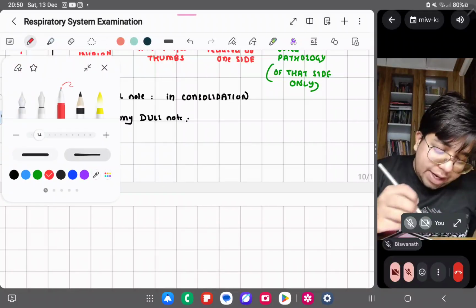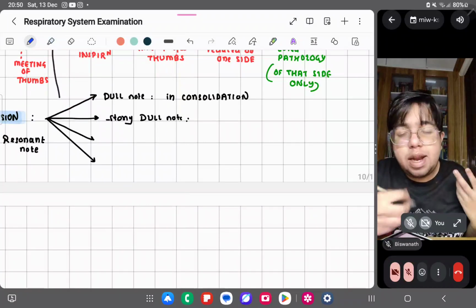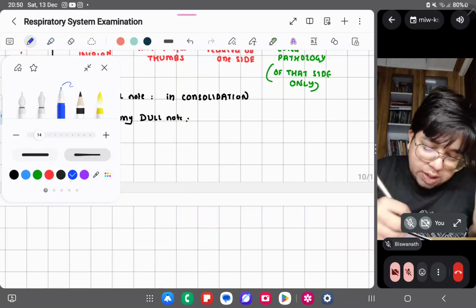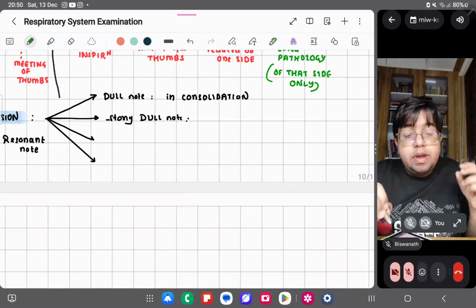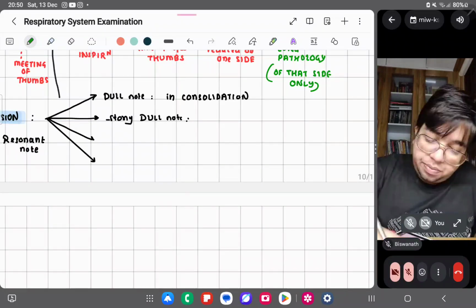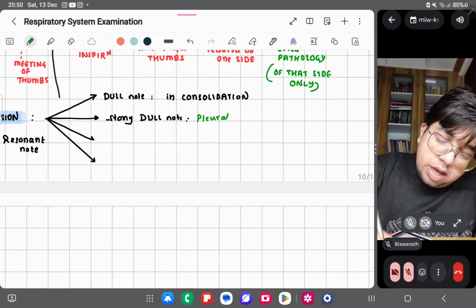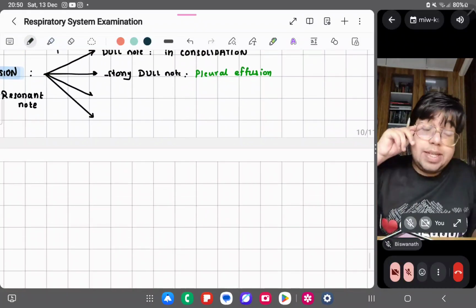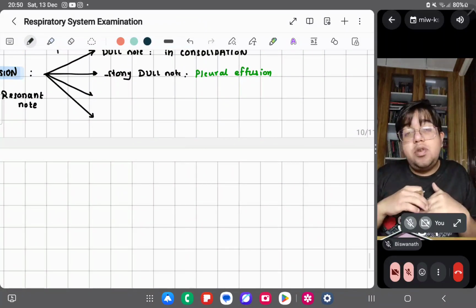But these are the findings in particular respiratory conditions, and I'm discussing respiratory system examination, so I have to discuss all of this, right? If there is a stony dull note, then it is a pleural effusion.